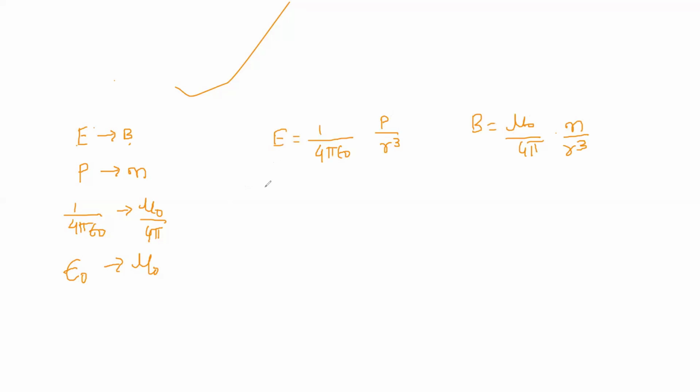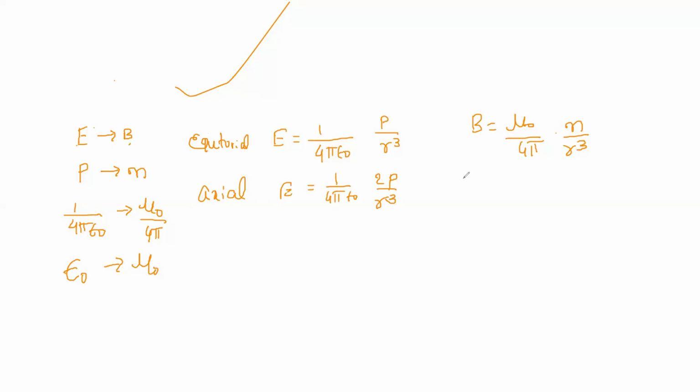Okay, this is for the equatorial point. You can compare: 1/4πε0 here, μ0/4π there; p by r cube here, m by r cube there. This is the electric field intensity for the equatorial point. If you look at the derivations for the equatorial point on both sides, you can compare this. Along the axial line, the electric field intensity is given by 1/4πε0 2p divided by r cube.